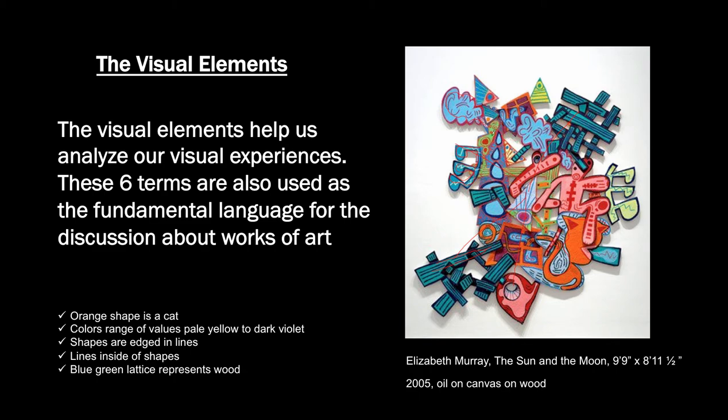So through that very, very simple analysis of this art, just describing it and making some observations, we get a sense of what the artist is trying to convey. And that's what we're going to be talking about this semester. What is it that the artist is trying to say? What message are they trying to convey?